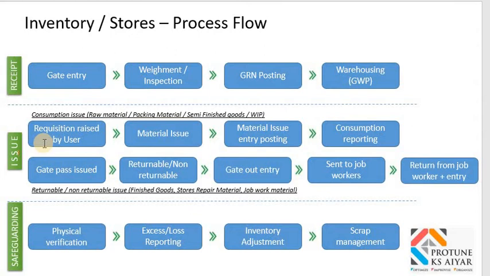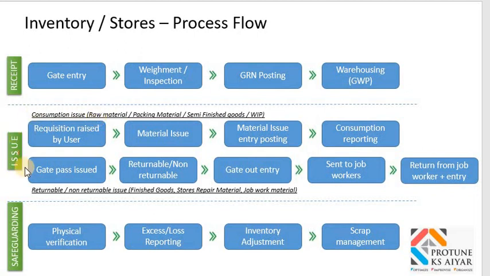Basis this requisition, this would be a material requisition, the store's executive would issue such material according to the quantity as requested by the user, and this material issue entry would be posted and the consumption would accordingly hit that particular cost center. So this is the process which would be followed for materials that are going to be consumed in any of my manufacturing processes.